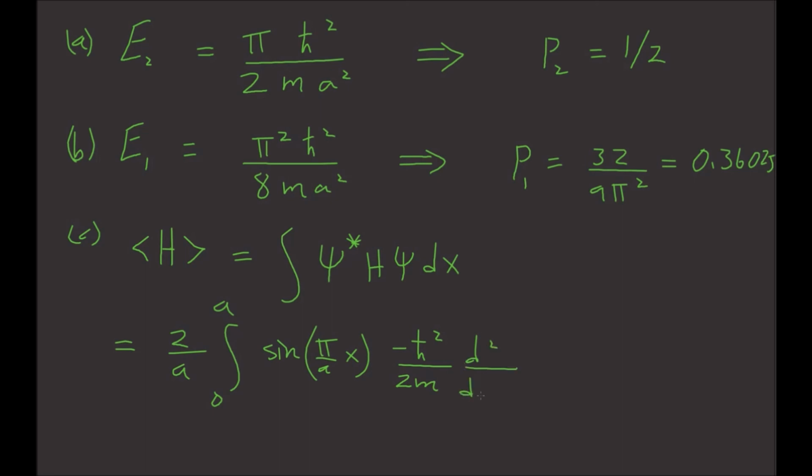That's why it's very important you put the H between, not in the front, because in the front you're going to have the product rule and you'll get the wrong results. So this is the Hamiltonian. Remember, the potential is equal to 0, so we don't have the potential term, times the sine of pi over a times x dx.